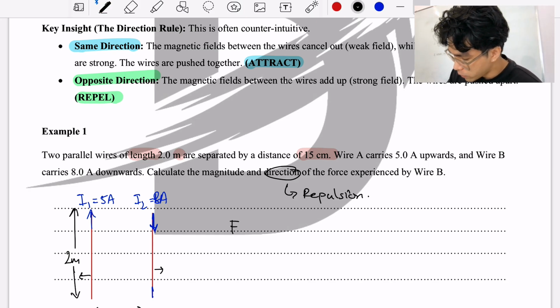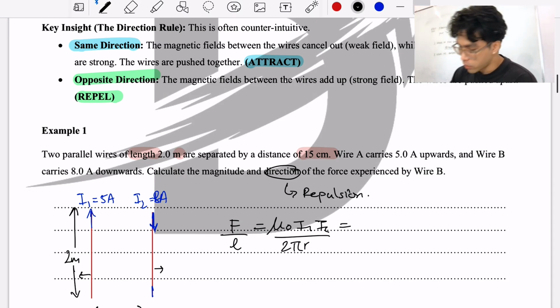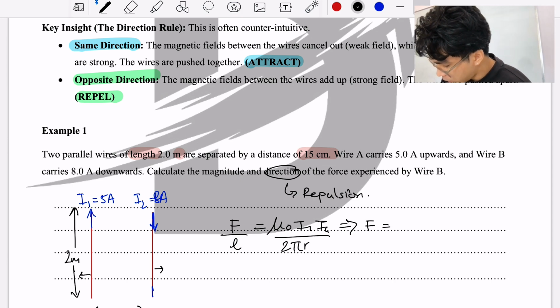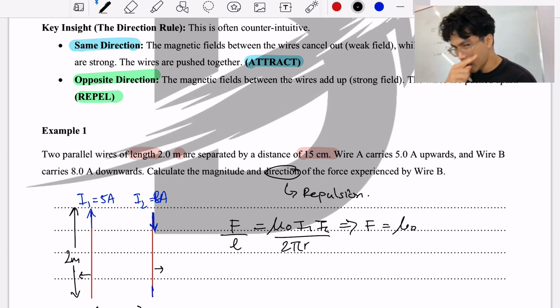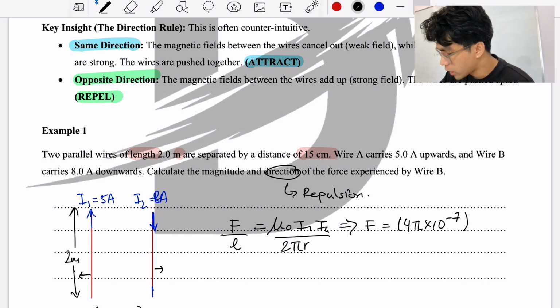To find the force, we just use the equation F on L equals mu naught I1 I2 over 2 pi r. I'm not going to waste your time, it's quite trivial. The force equals mu naught, which you can plug in yourselves, that's 4 pi times 10 to the negative 7, it's in your data sheet.